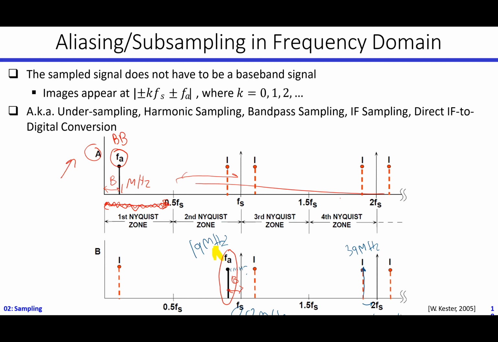When you subsample the signal at 1 gigahertz, you will get a copy at 0.1 gigahertz, which is 100 megahertz. This will be considered your baseband signal. Now, if you apply a low pass filter here, you will recover this signal. That's why it has certain applications.